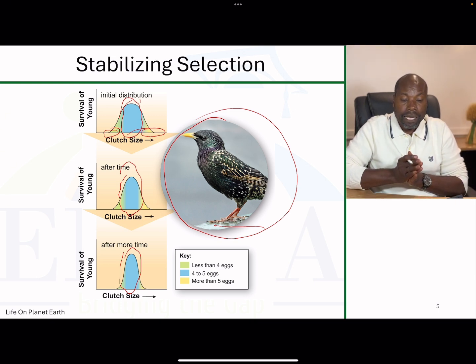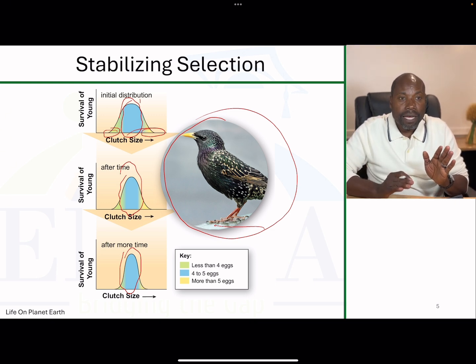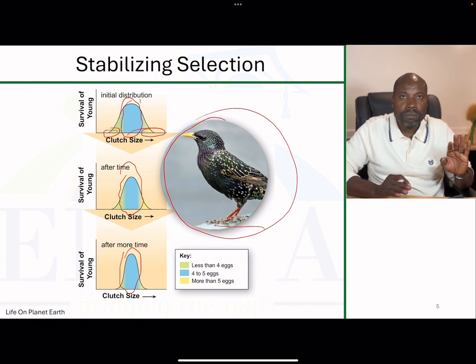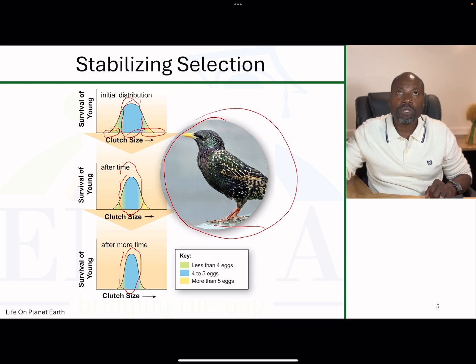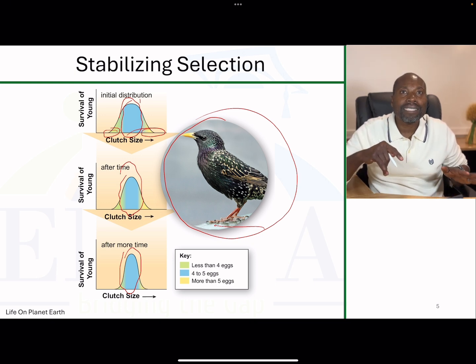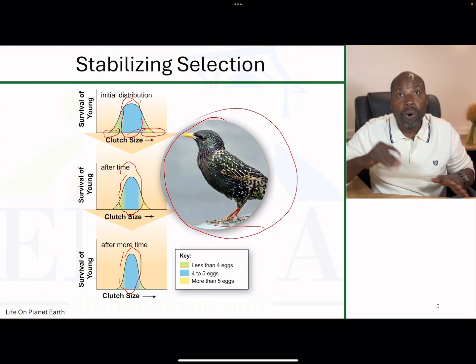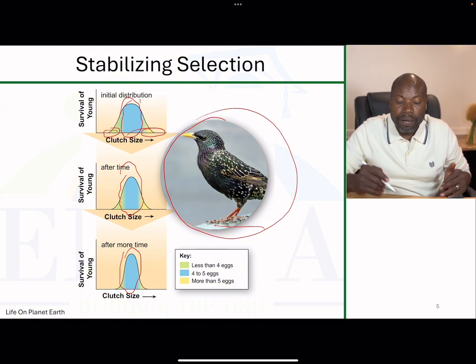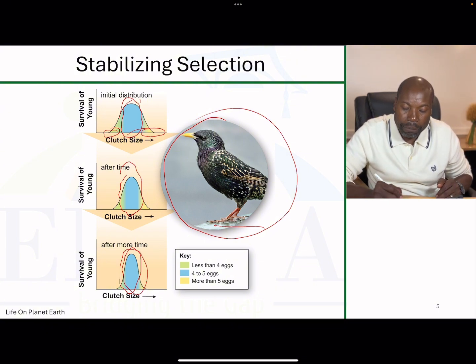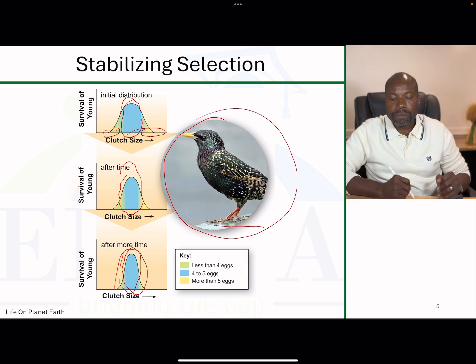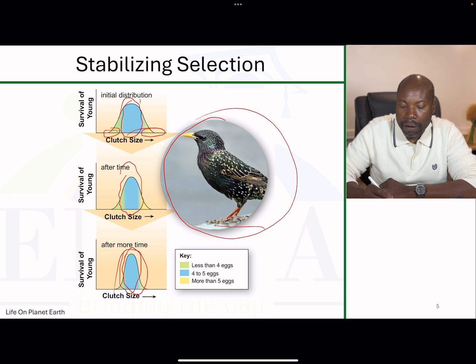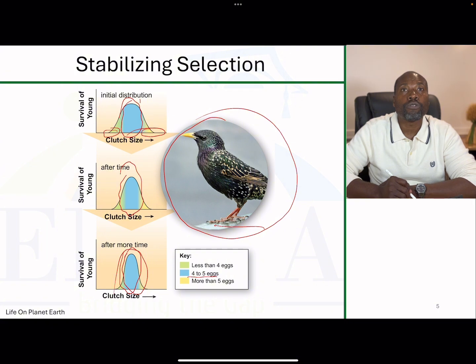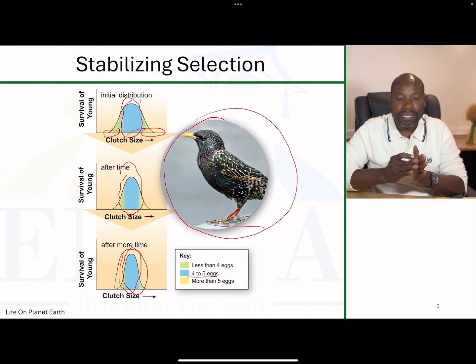Those that make less than 4 eggs are going to disappear. More than 5 are going to disappear, and we're going to have preferentially, after a while, individuals that are mainly producing 4 to 5 eggs. This is a stabilizing selection.